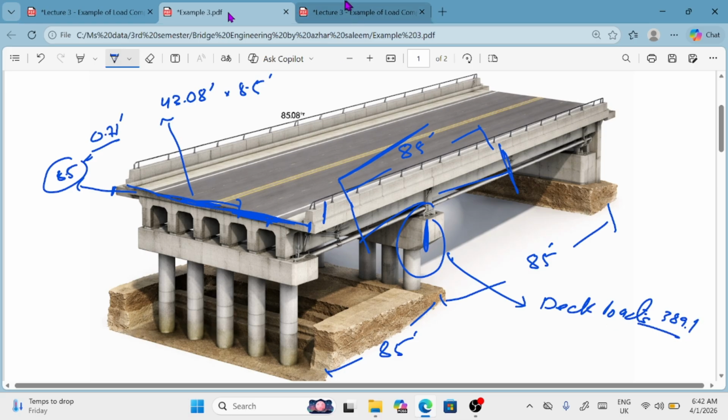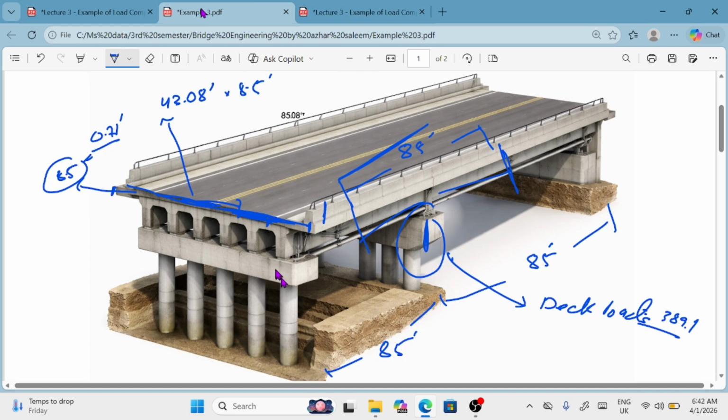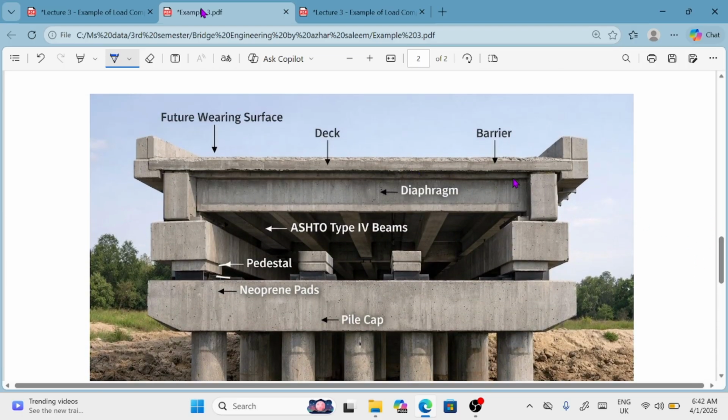Okay, and after the deck load there will be stay in place formwork. This here will be a stay in place. If I show it in another diagram, here between the beams will be stay in place formwork. It will have a specific load.